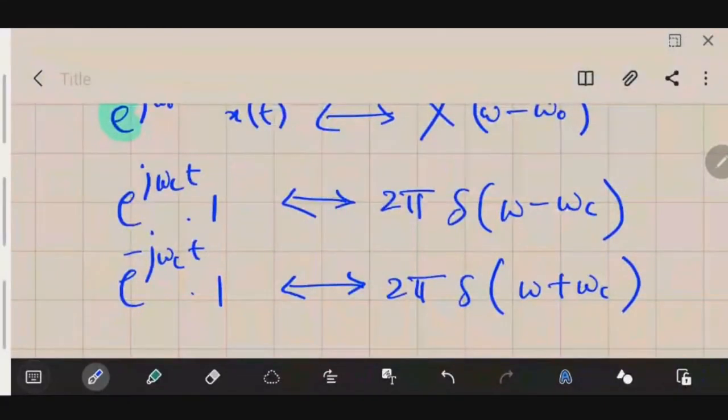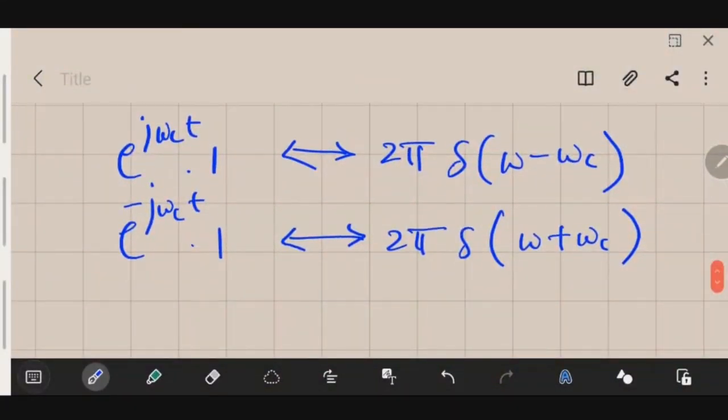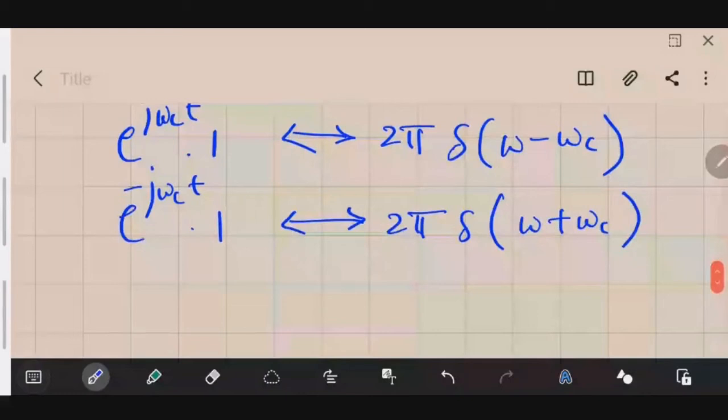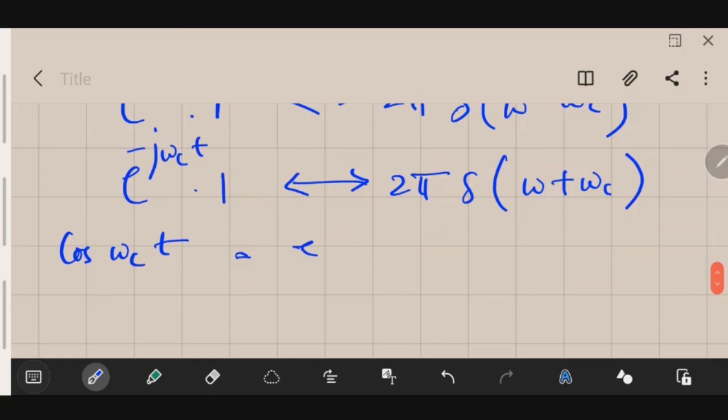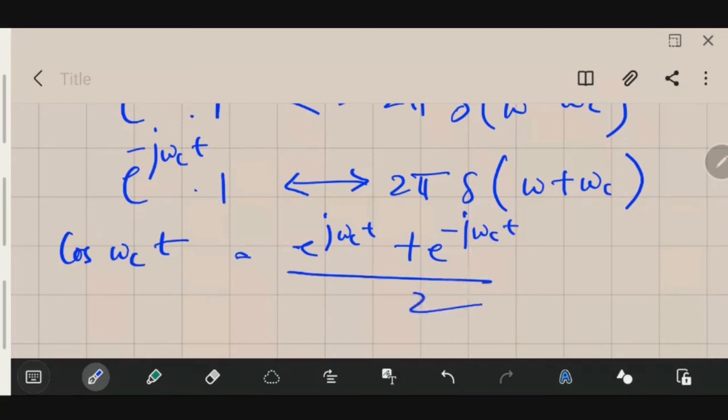And if you could recall, let's say you have cos omega ct, then you could always write it as e to the power j omega ct plus e to the power minus j omega ct by 2. Do you remember this?